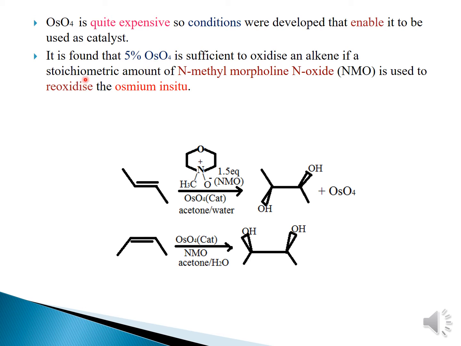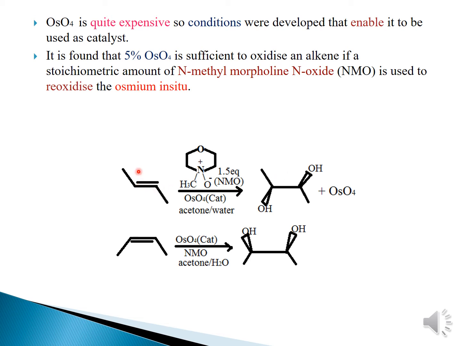Okay, so this stoichiometric amount has to be maintained when the reaction is taking place under the condition of your NMO. NMO is your N-methylmorpholine N-oxide. So this reagent we use in presence of osmium tetroxide for the alkene oxidation, and at that time only 5% of osmium tetroxide is used, resulting in a diol formation.